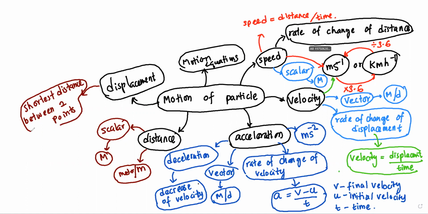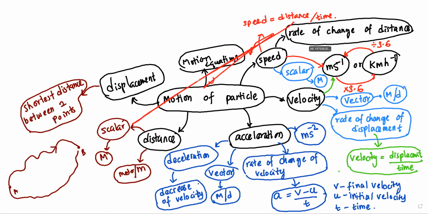Now, if it is the shortest distance, it obviously has a direction. For example, say we have two points, point A and point B. We can go from A to B in many different ways, like this. These are all distances. But there's only one shortest way we can go from A to B, and that is displacement.